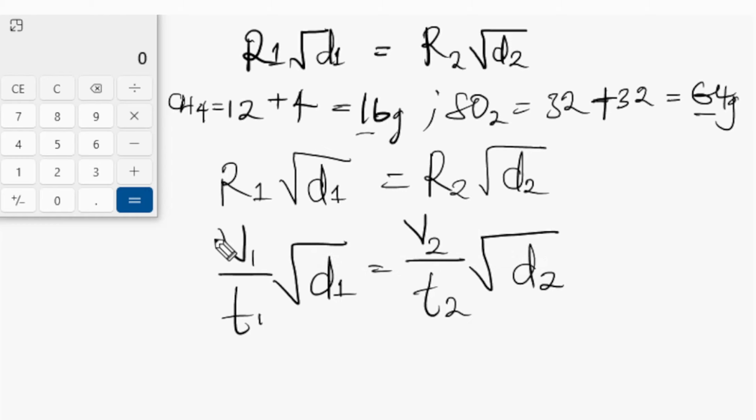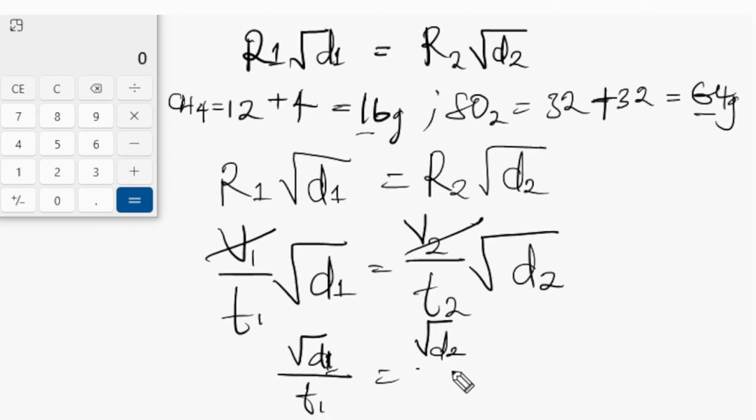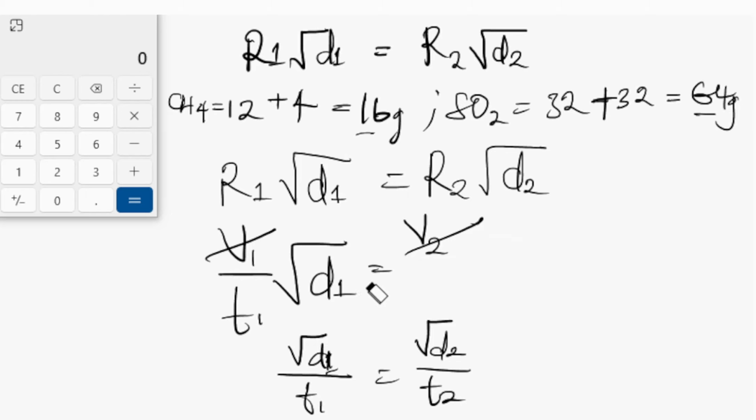So if V1 is equal to V2, and they are both numerators here, we can cancel these out, and then this equation now becomes root D1 over T1 is equal to root D2 over T2. So we're going to wipe off these other parts so we can have better space to solve right here.